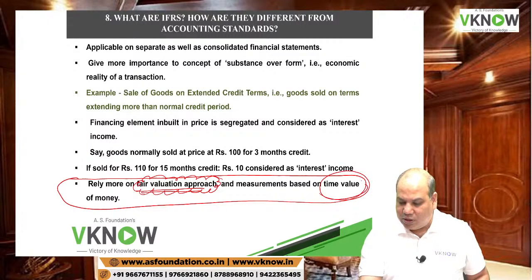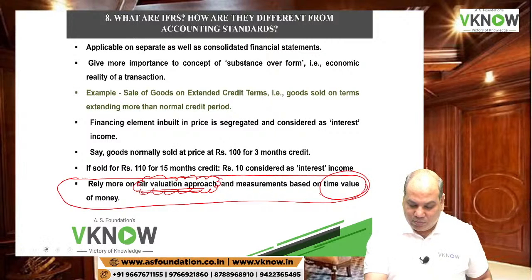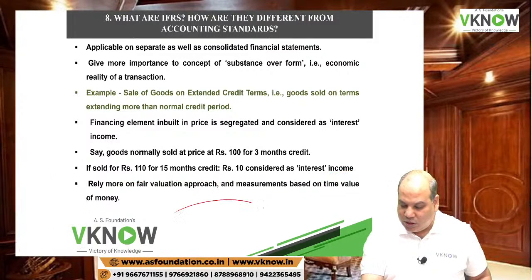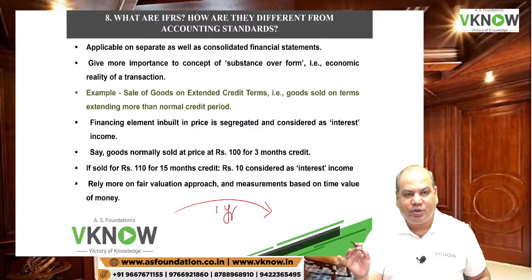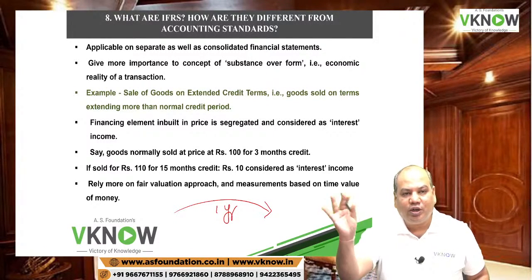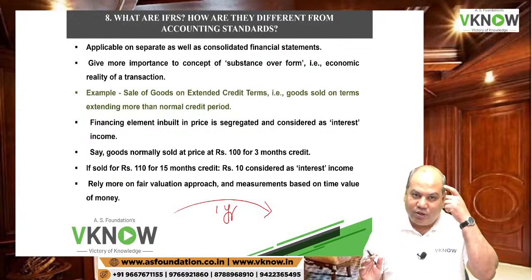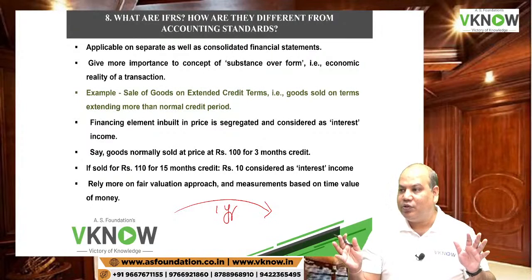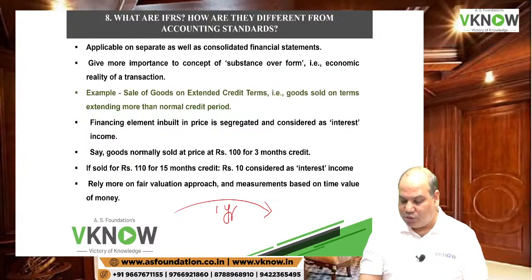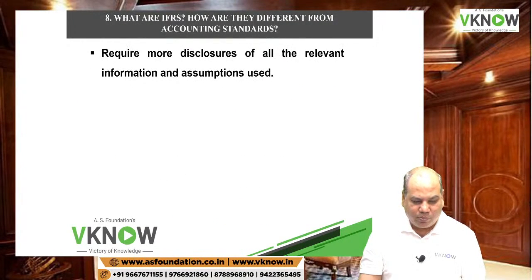Plus, all IFRS standards have also introduced the concept of time value of money in detail. Wherever any gap is more than 1 year, whether it is a sale transaction, purchase transaction, employee related cost, financial instrument, revenue recognition, or leases, you have to do the discounting. So the role of discounting or time value of money has been incorporated to reflect substance over form.